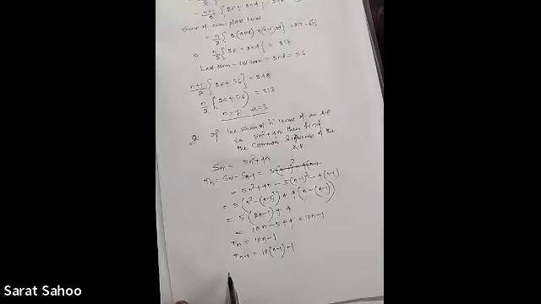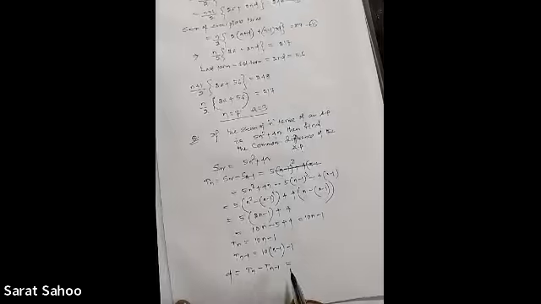So common difference D is equal to nth term minus its preceding term, that is (n minus 1)th term. So 10n minus 10n plus 10 minus 1 plus 1. So this is equal to 10. So the common difference of the series is 10. Is it clear?